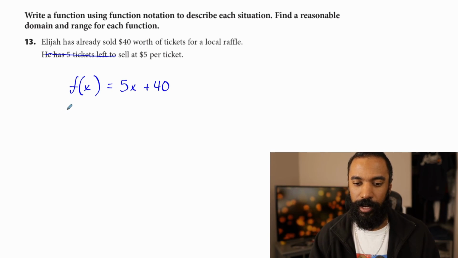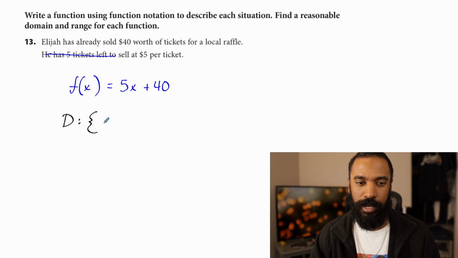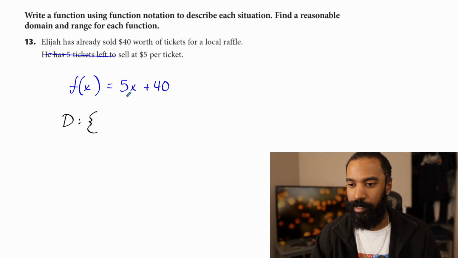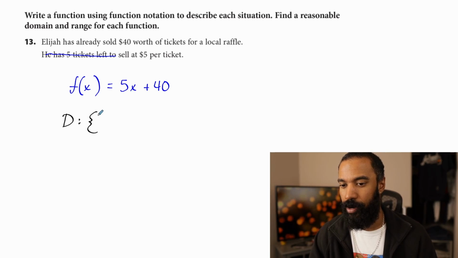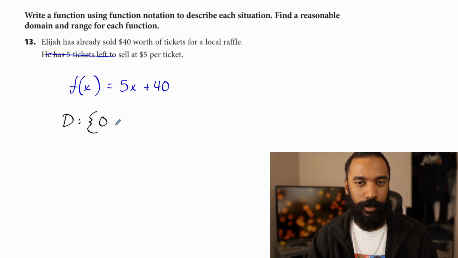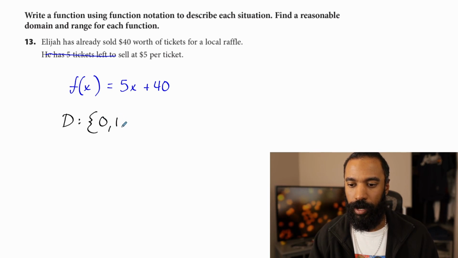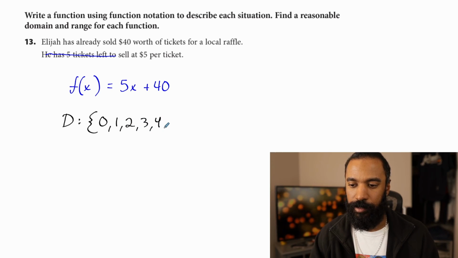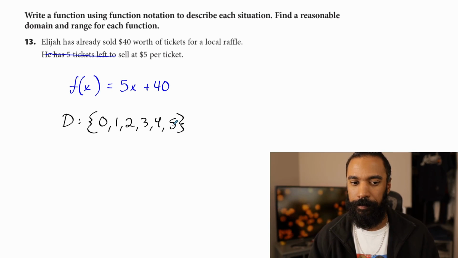Now we got to talk about the domain and range. Domain is in reference to the independent variable, the number of tickets. From here on out, he could not sell any more tickets, or one more ticket, or two more, or three, or four, or up to 5. These are the only values that can exist within the domain.